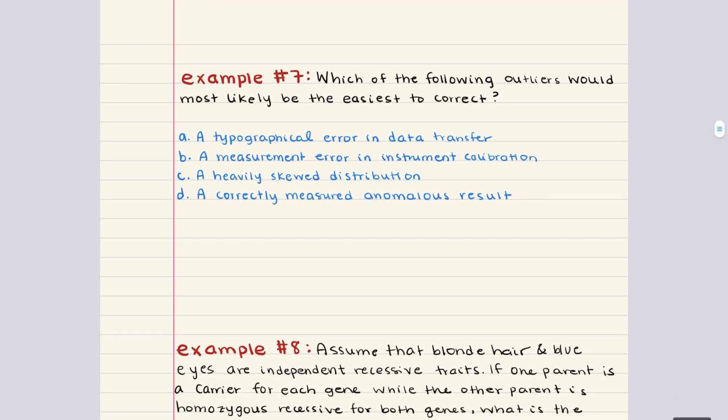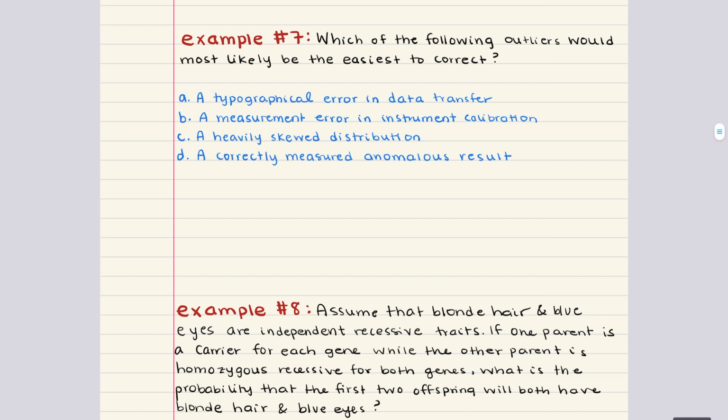7 says, which of the following outliers would most likely be the easiest to correct? Let's go ahead and analyze each answer choice in detail to figure out which one is correct. A says a typographical error in data transfer. So this typically involves a really simple mistake in recording or transcribing data, like maybe entering an incorrect number or misplacing a decimal point.